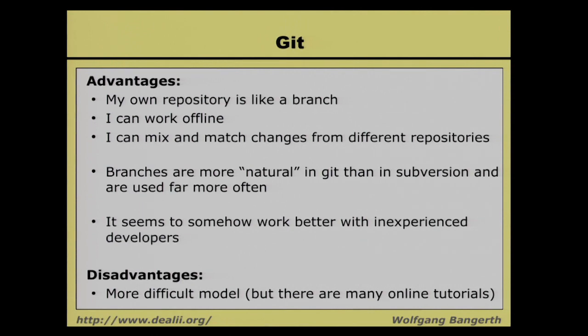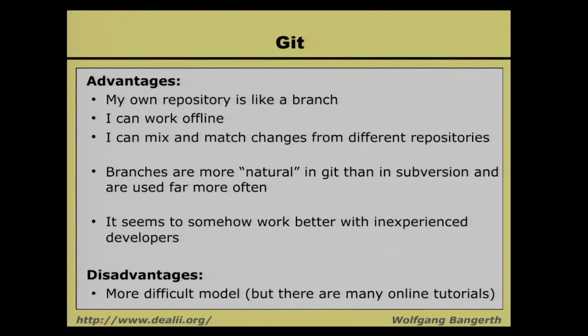One of the things is that I can consider my own repository, my clone, as a branch of the central repository. Typically, you can have clones that are online on some website, but you can also have a clone that actually sits on your local hard drive. And that has the advantage that you can work offline. Now, of course, I record this in 2015, where it doesn't happen that often anymore that we are offline.